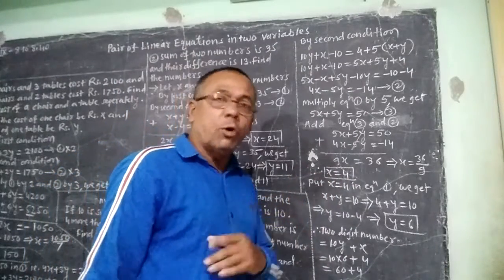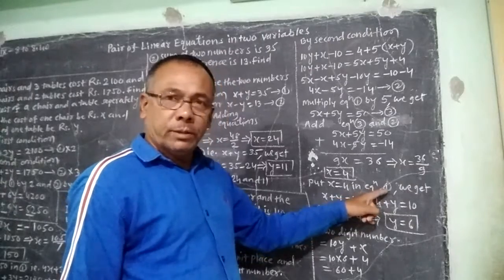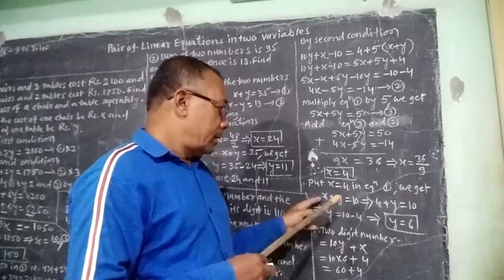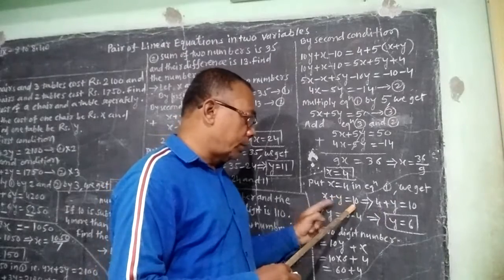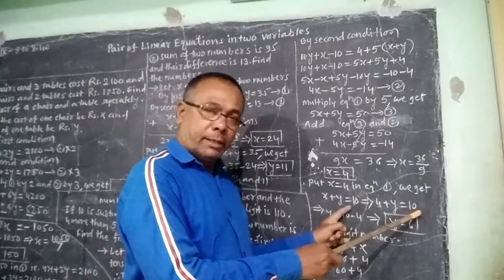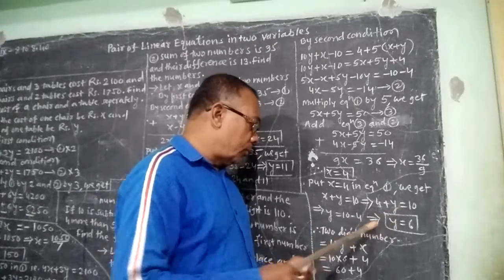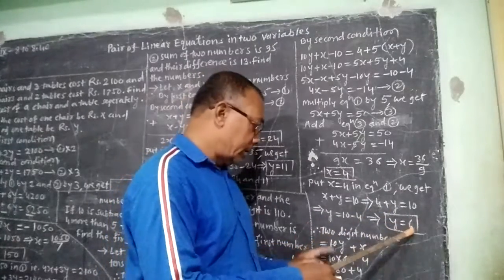Now to find the value of y, put x is equal to 4 in equation number 1. Our equation 1 is x plus y is equal to 10. Now put x is equal to 4, 4 plus y is equal to 10. So y is equal to 10 minus 4, and therefore y is equal to 6.